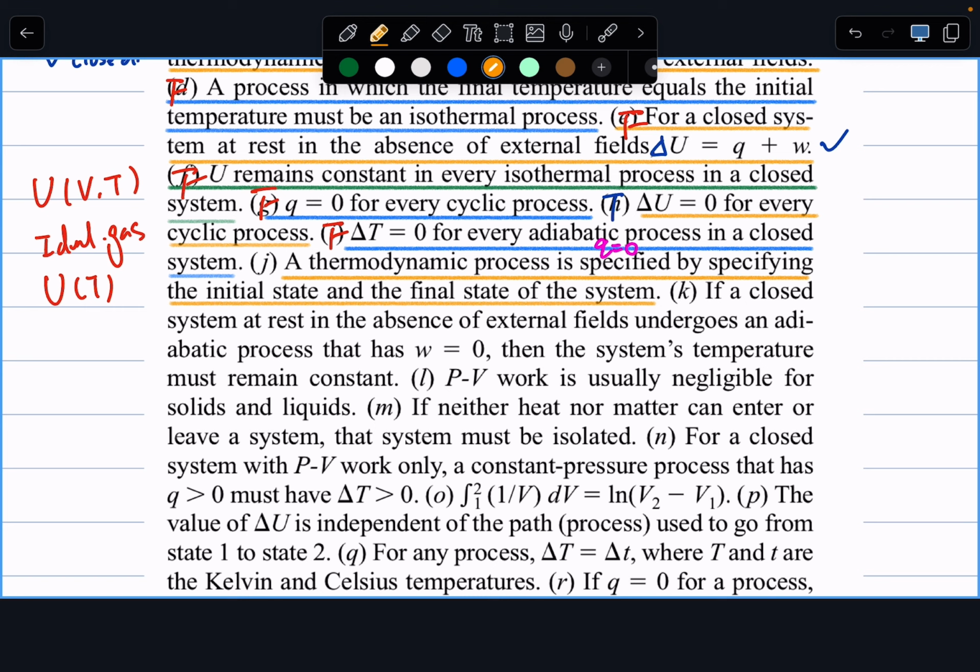So in this case, when we're talking about the initial and final state being the same, only this isothermal path where dT equals 0 is a specified thermodynamic process. Only specifying initial and final state is not sufficient to describe a thermodynamic process.